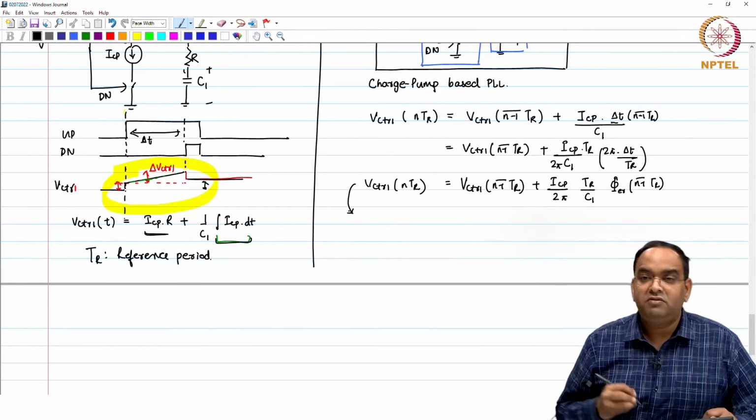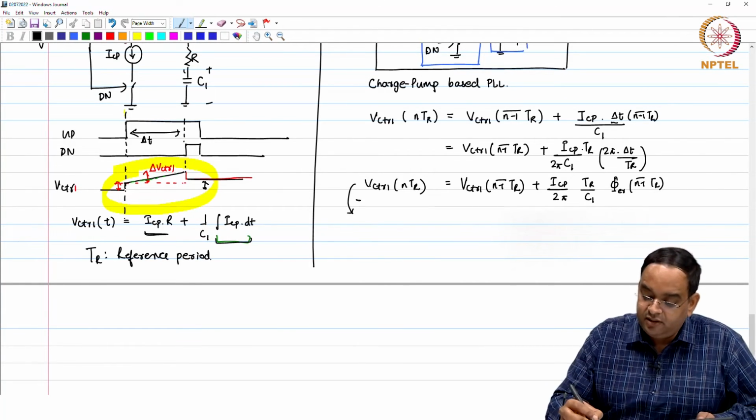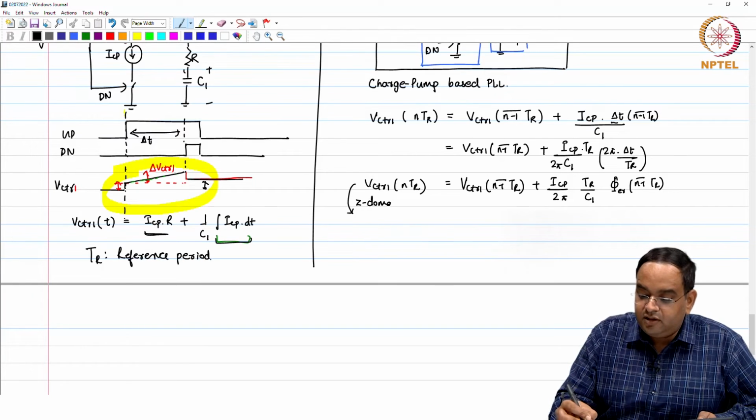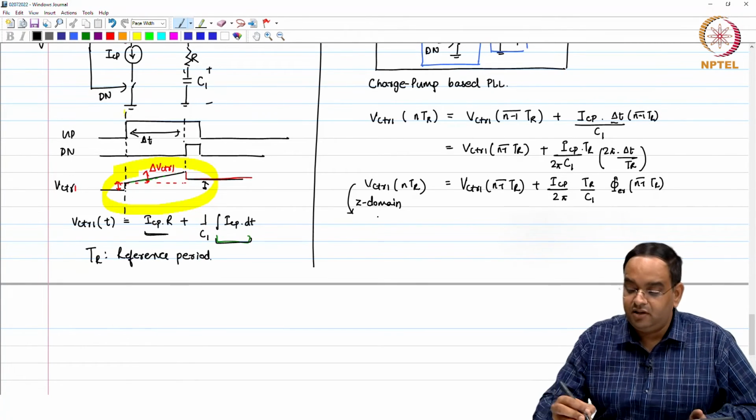This I will convert into the Z domain, because it is a discrete domain.